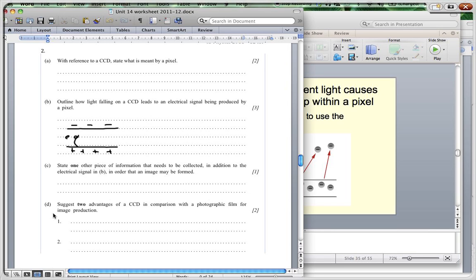The potential difference you get across there would depend on the number of photons coming in. So the intensity of the light will depend on the number of electrons emitted: the stronger the light, the greater the number of electrons that are emitted.